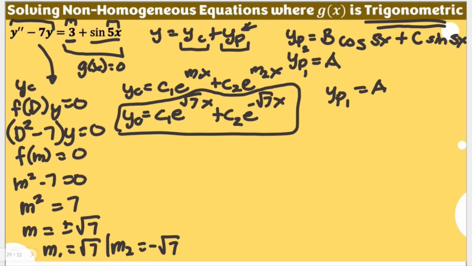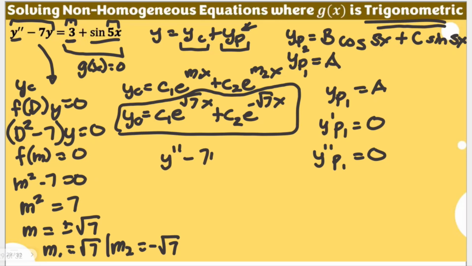Its first derivative is 0, and since we have a second order derivative here, that is still 0. This will be patterned into the first form. You will have y double prime minus 7y equal to just 3. We do not include sine of 5x, just 3, because this is just for the first form.